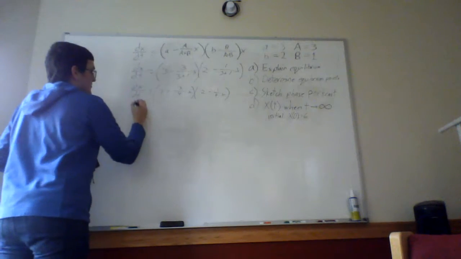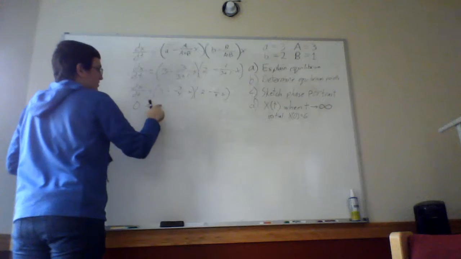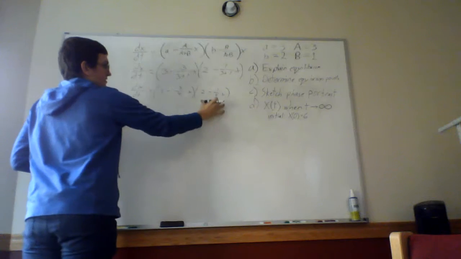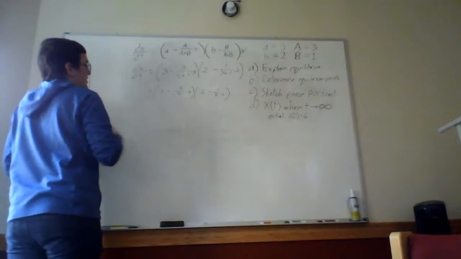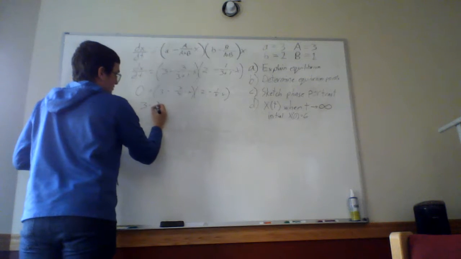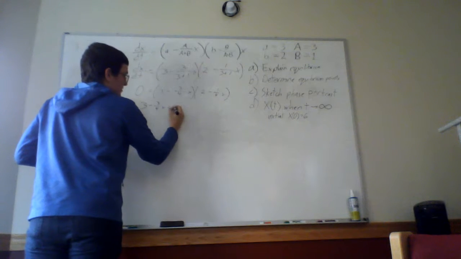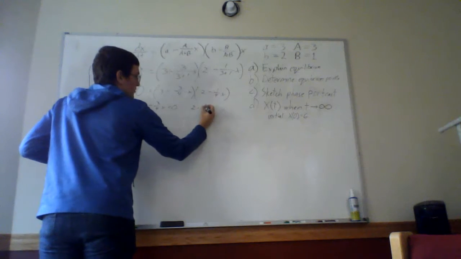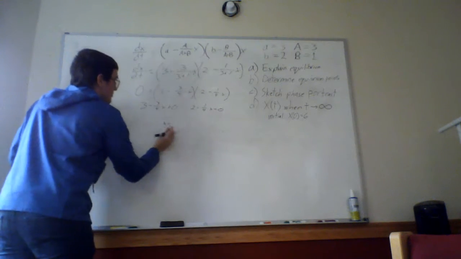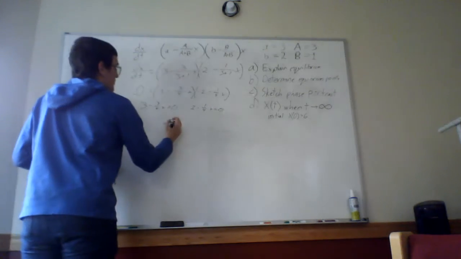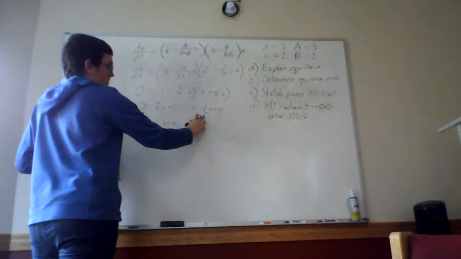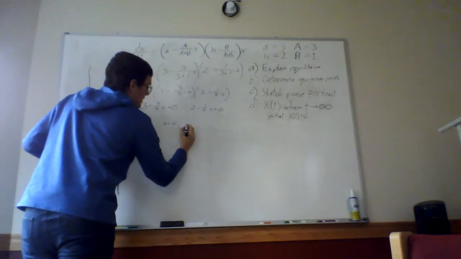When either of these two factors is equal to 0, we are at 0. So we set 3 minus 3 over 4x equals 0, and 2 minus 1 over 4x equals 0, and we get x is equal to 12 over 3, which is 4, and x is equal to 8.